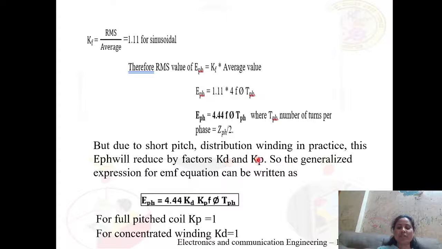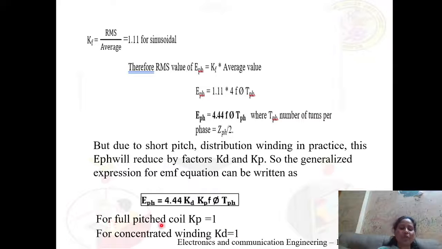Therefore, considering these two factors, the expression for EMF can be written as EPH equal to 4.44 KD KP f phi into TPH. KP is the pitch factor, or we can also call it the coil factor. Hence, we can represent KP as KC also.